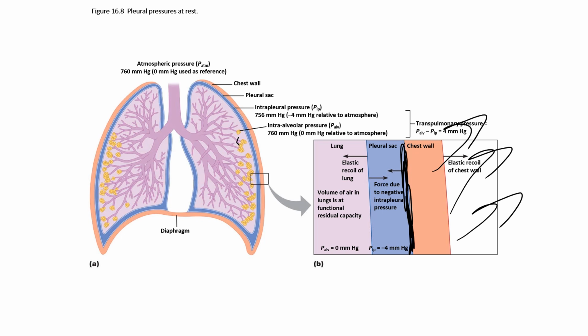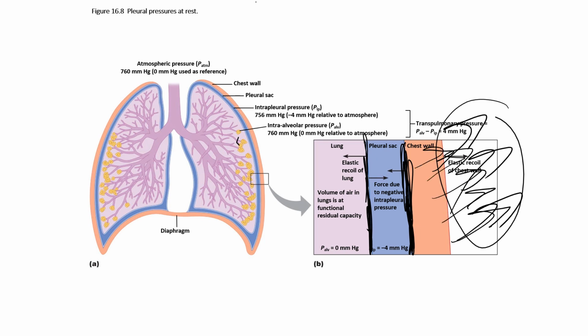That's the question that ultimately has to be asked here. And the answer is, if during inhalation the chest wall moves up and out and pulls the parietal pleura up and out, what it's really doing is pulling the parietal pleura further away from the visceral pleura. The two are being further pulled away from one another because the chest wall is moving up and out.